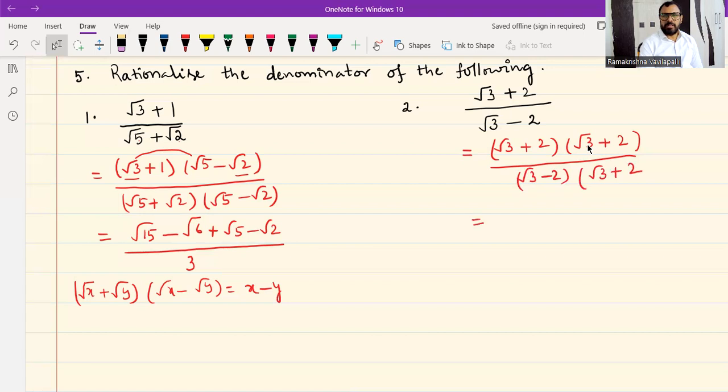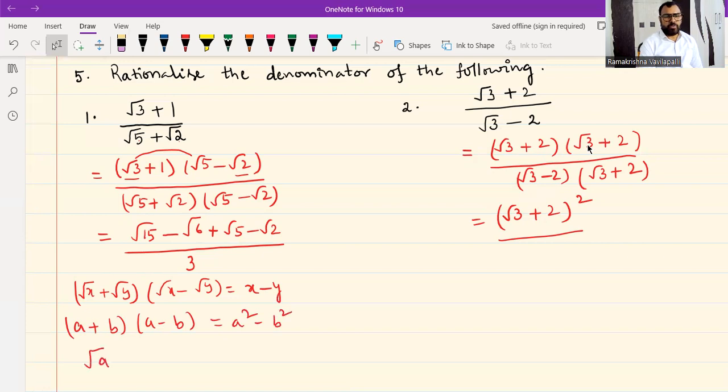The numerator is a plus b whole square, so a plus b whole square is a square. This is root 3 plus 2 whole square. The denominator is root x plus root y into root x minus root y, that is x minus y, or a plus b into a minus b equal to a square minus b square. Both you can use.